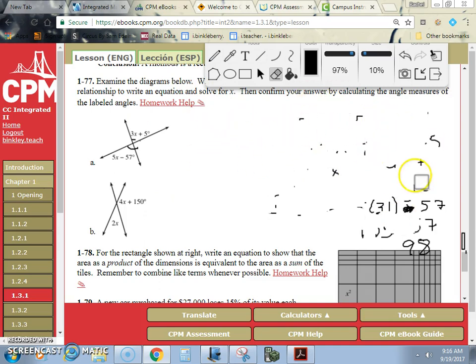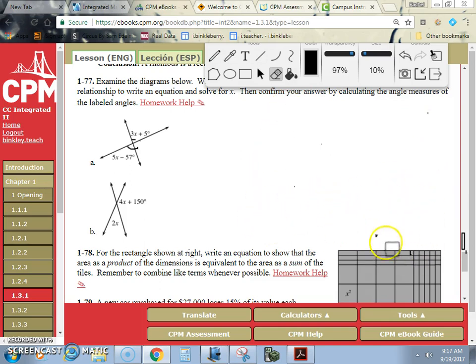The other one, I'm going to use the supplementary angle theorem, which means that two angles are going to add up to be 180 degrees. Because as you can see, this angle and this angle are on this straight line here, which is 180 degrees.